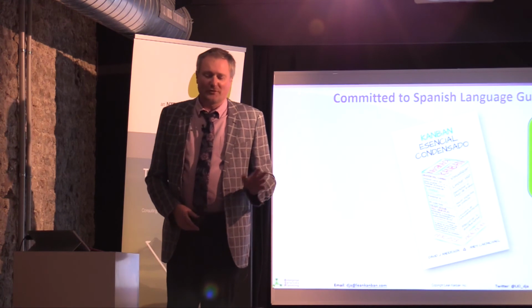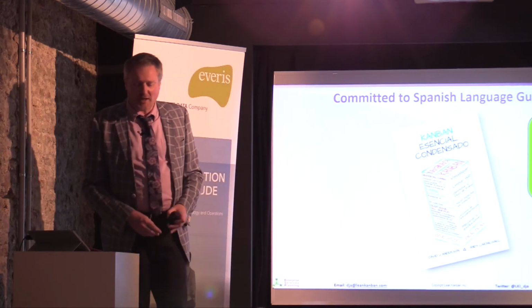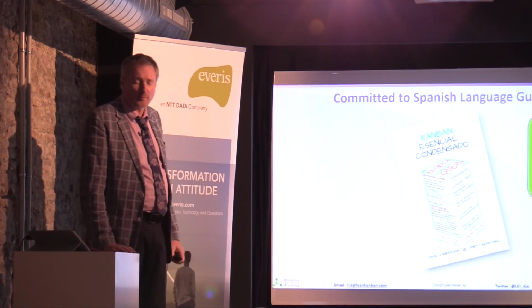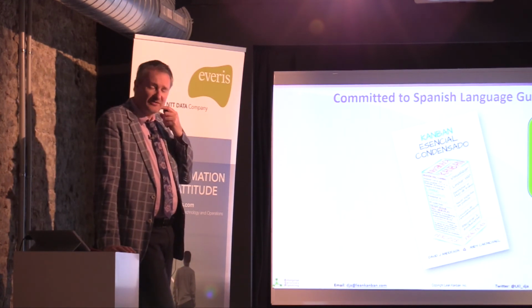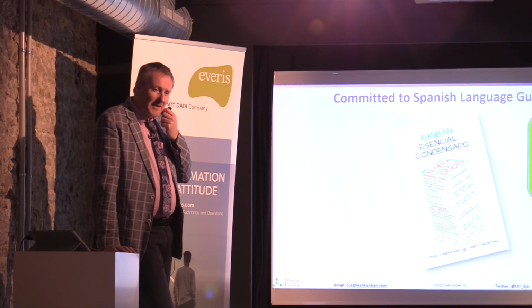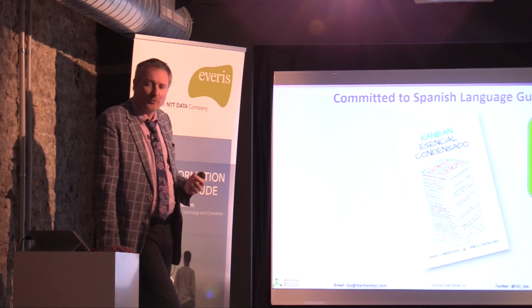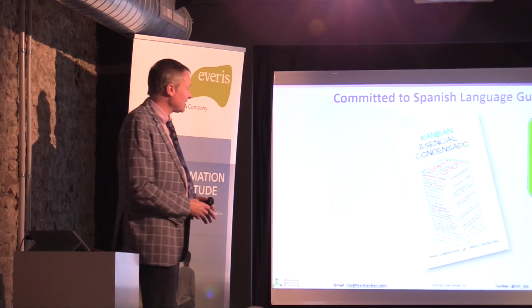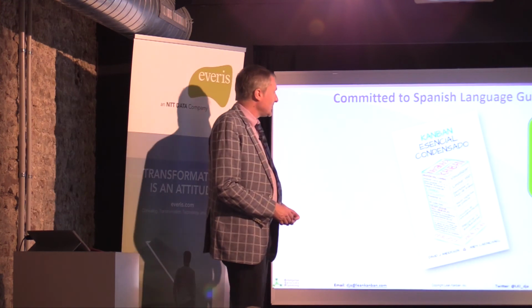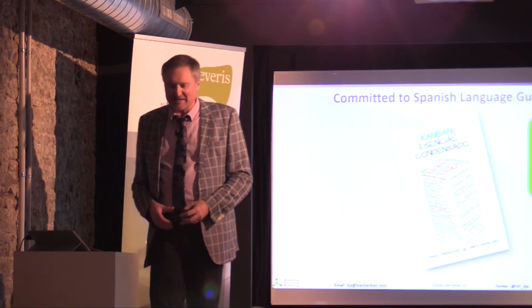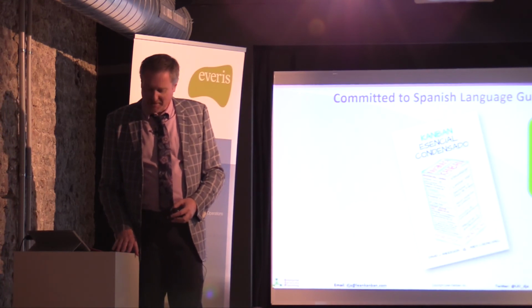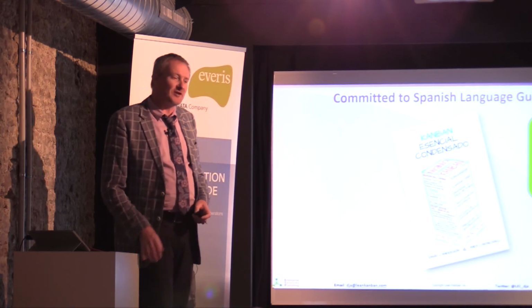For anyone who was aware of the translation of my Kanban book from 2010, that unfortunately was in Mexican. And as a consequence, it hasn't done very well here in Spain. Catalonian is unlikely, but ask me again next year.